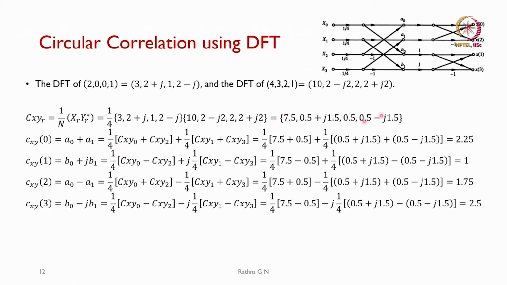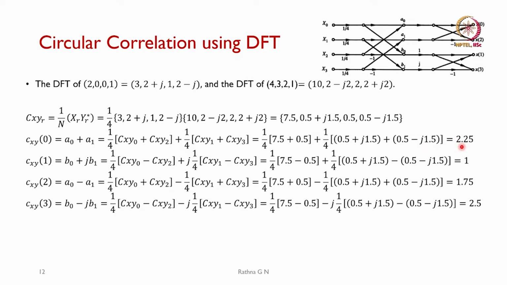These are the values we have: 7.5 plus 0.5, and then plus 1 by 4 into Cxy1 plus Cxy3, that is 0.5 plus j1.5 plus 0.5 minus j1.5 for the second sequence. You can see that we are getting 2.25.